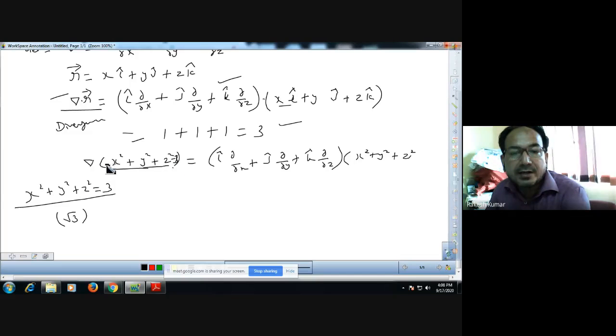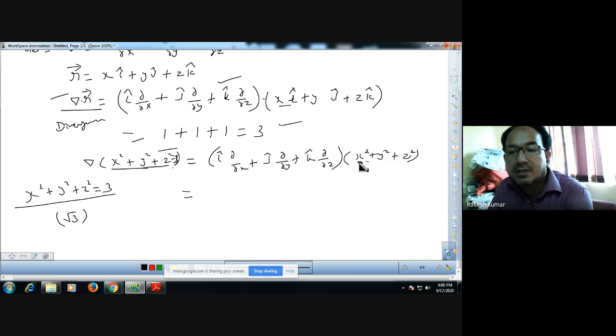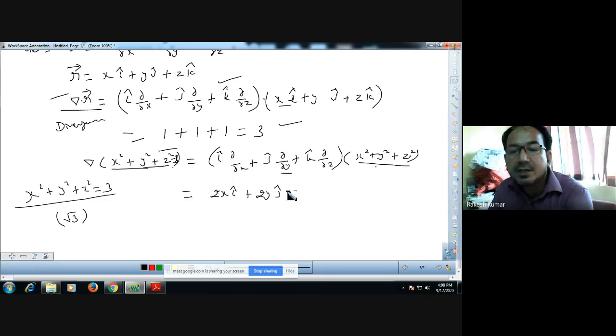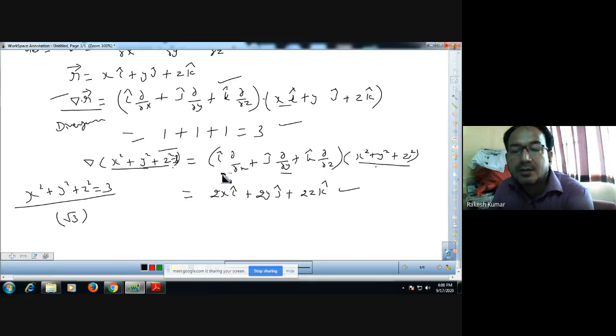So the gradient of this scalar quantity will always be a vector. So i cap del by del x of this quantity, the derivative with respect to x, is 2x i cap, and similarly the derivative with respect to y will be 2y j cap, and similarly 2z k cap. And this is the gradient of a scalar quantity.